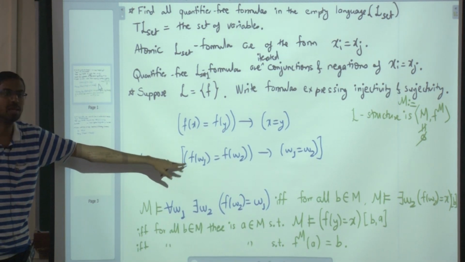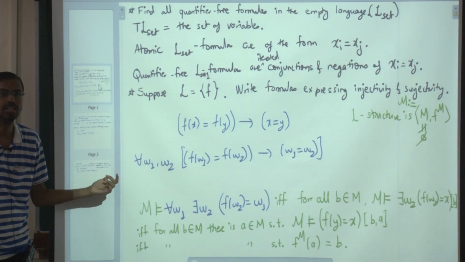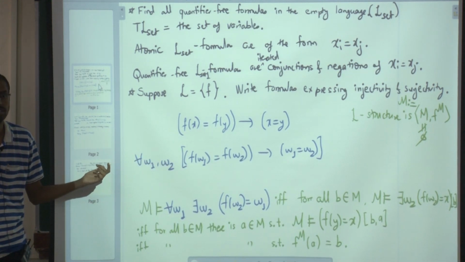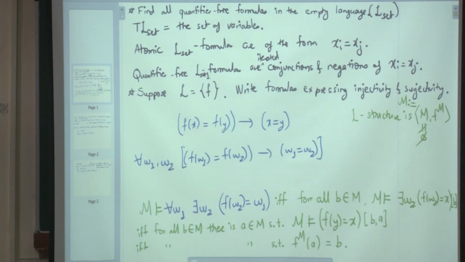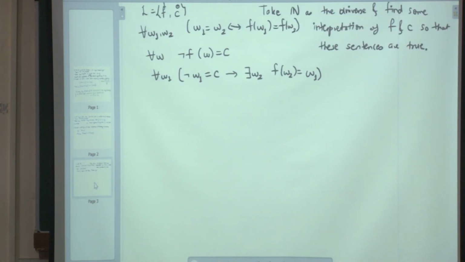It only had one implication and not the other one. Are these two statements the same or different? They are logically equivalent, modulo the fact that f is a function, not otherwise. Okay. So the first one expresses injectivity.